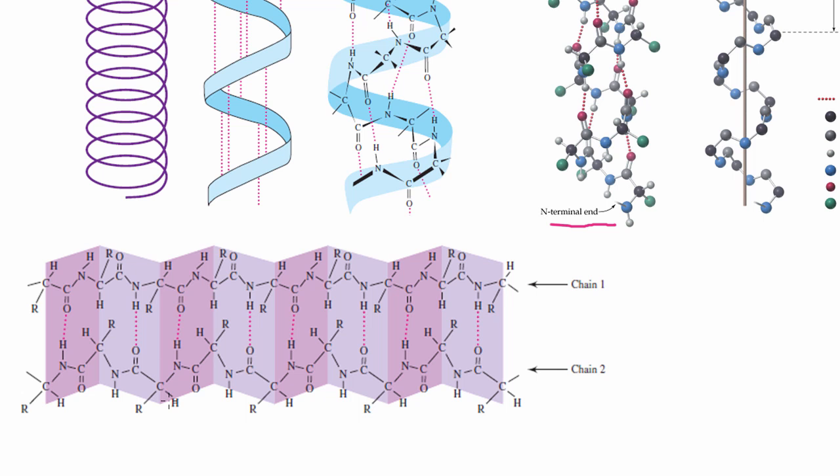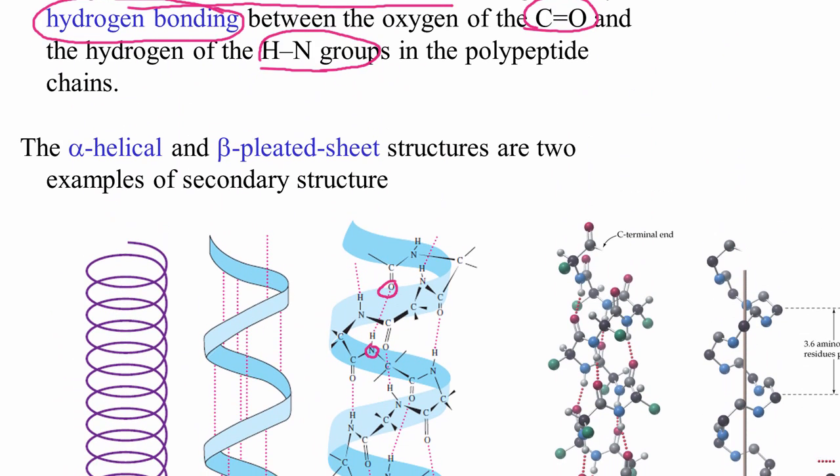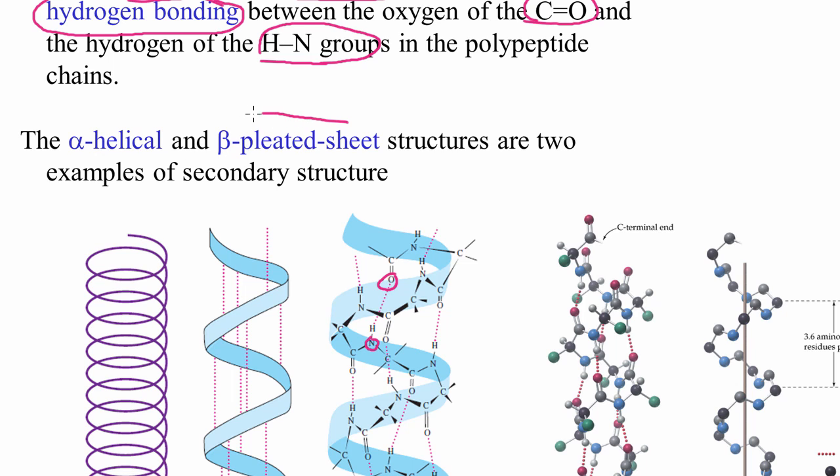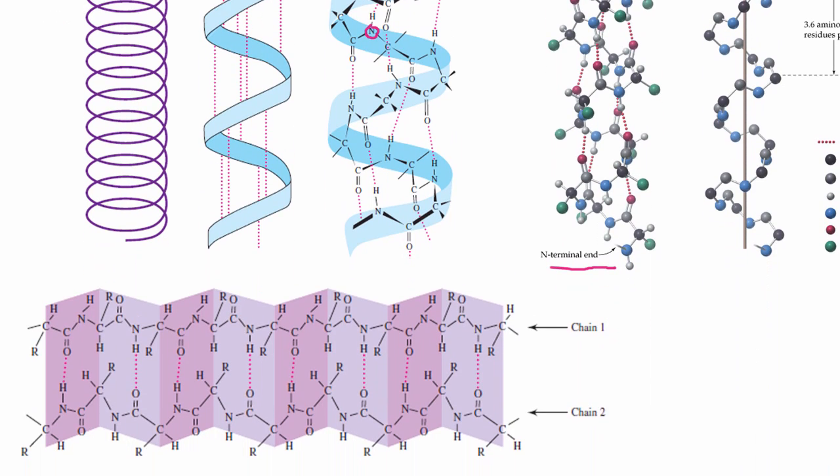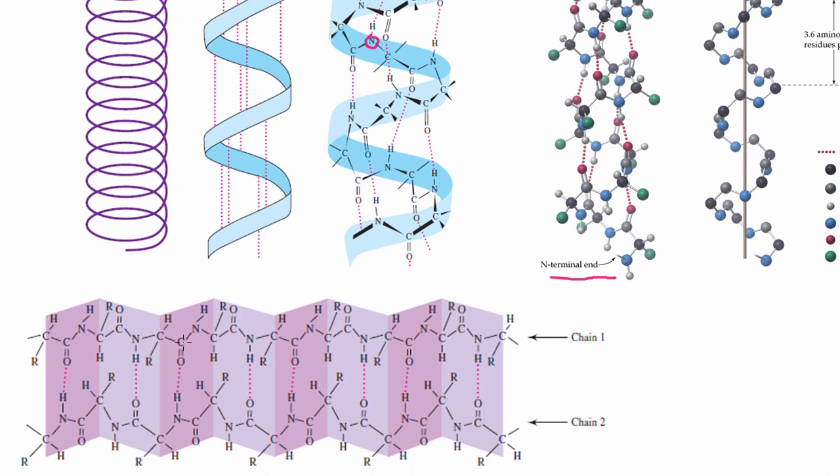The other type of secondary structure is what we call the beta pleated sheet, okay? And so here we see that the chains are parallel to one another, and again, there's hydrogen bonding between the hydrogens that are bonded to the nitrogen on one chain and the oxygen of a carbonyl group, okay?